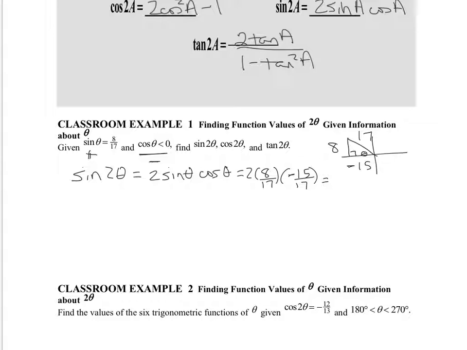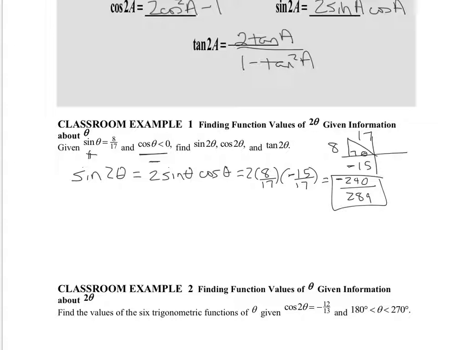It's not a pretty number, but it's solvable. I can find what it is. I think my numerator is going to be a negative 240 over, if I multiply 17 times 17, double check me, I think that's 289. It is, okay. So that's what the sine of 2 times angle theta is.